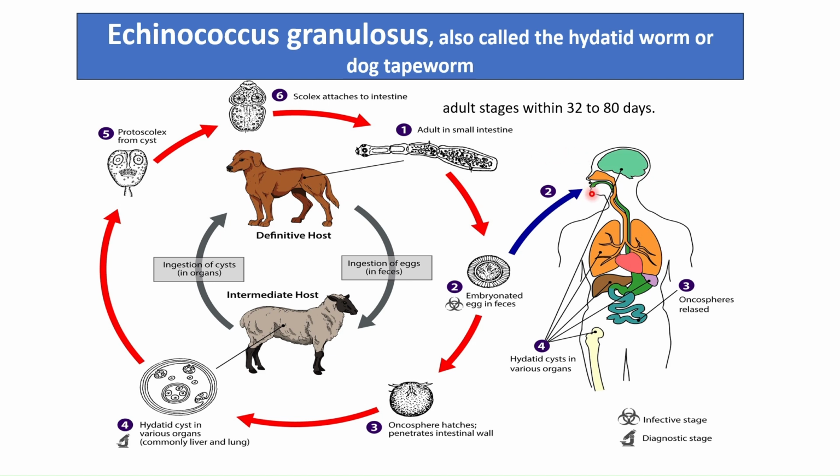Now, humans are an accidental dead end host, meaning the cycle cannot continue through them, and the patient is infected with the larval form and ultimately develops hydatid disease.